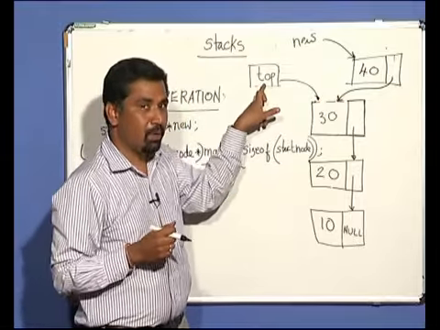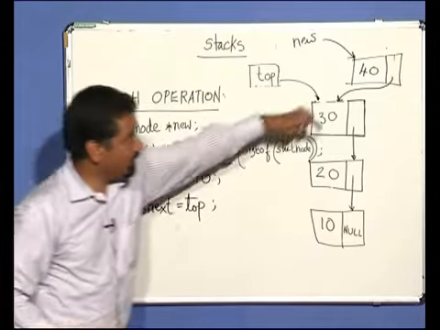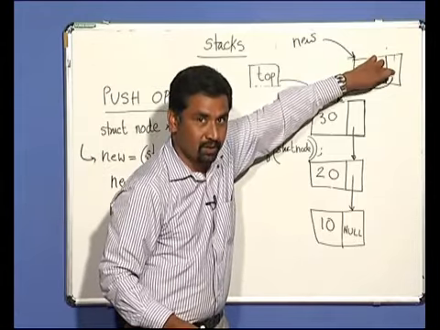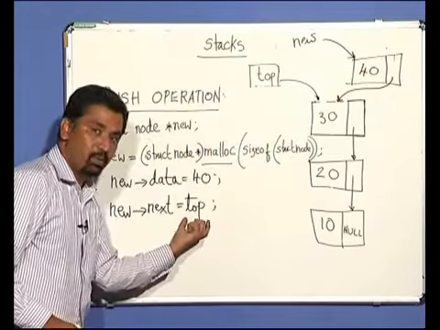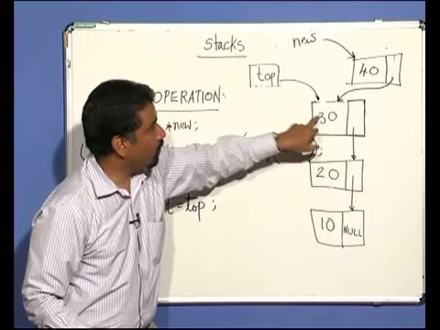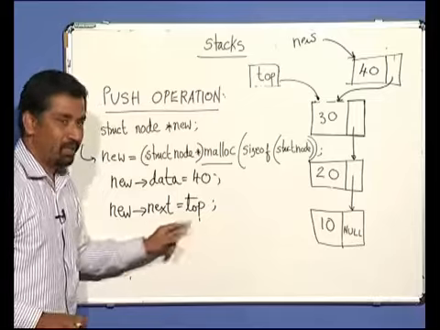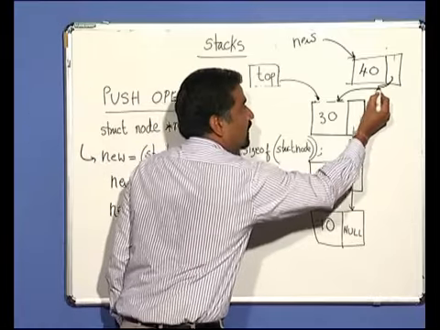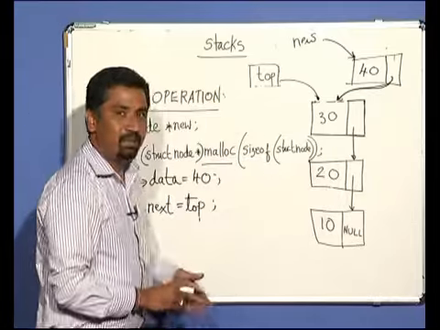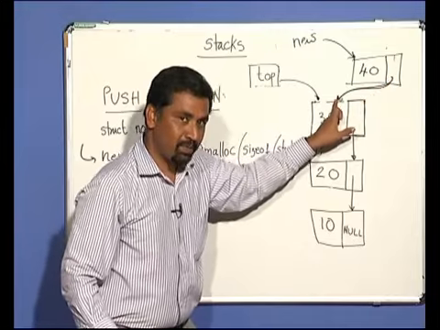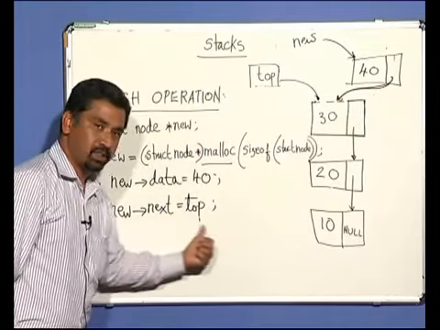So this line here, new->next, that is this box here, gets what value? Top. What is the value of top? Top holds the address of this existing element. So because of this statement here, this link is established. This link is established because of this code.